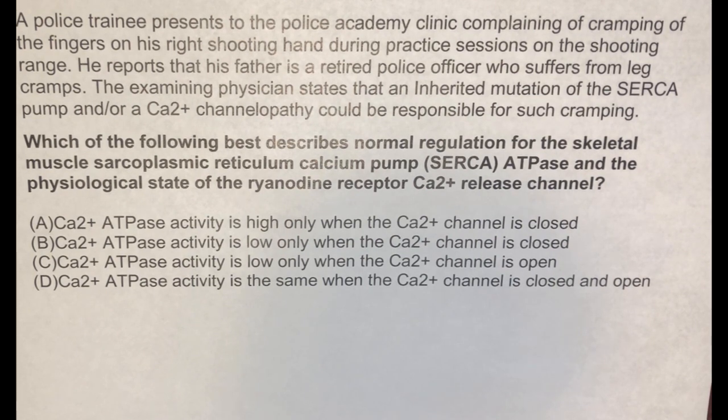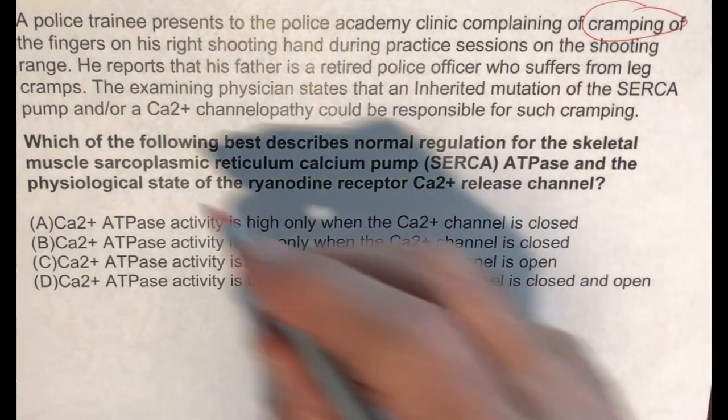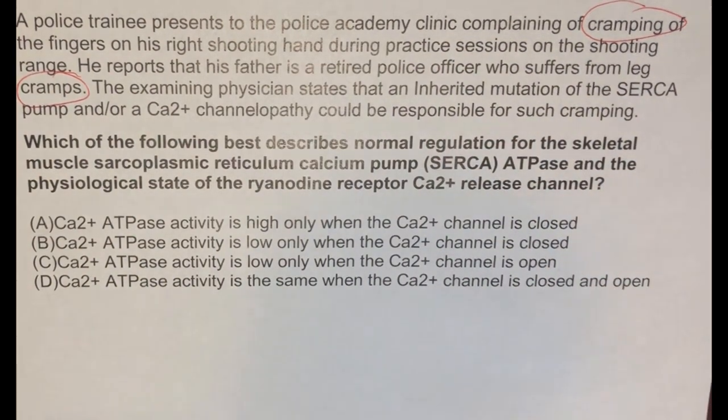Well, this sounds a little complicated. We could theoretically answer it without the vignette, but let's dissect it by looking at the vignette and looking for the clues. That'll give us more surety that we're answering it correctly. So we have cramping, and the cramping seems to be genetic because his father has leg cramps.